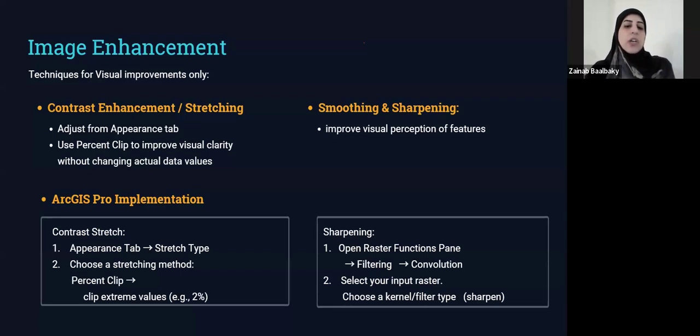The second one, sharpening: we can open the raster function pane, convolution, select your input raster, and choose a kernel filter type, sharpen. These enhancements help us interpret the image more clearly without changing the underlying data values.